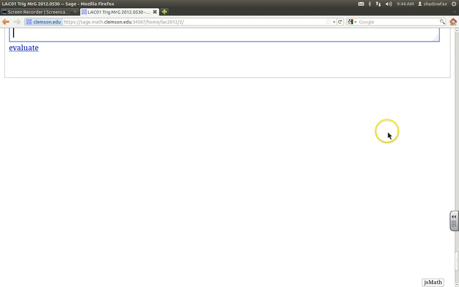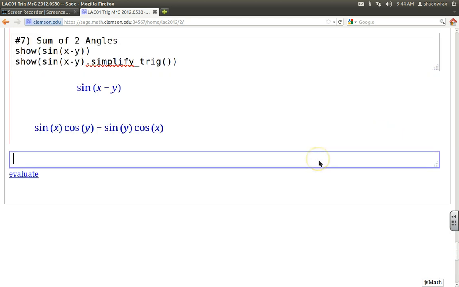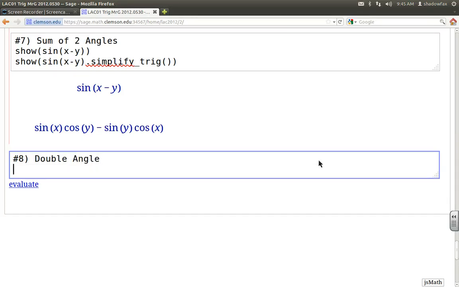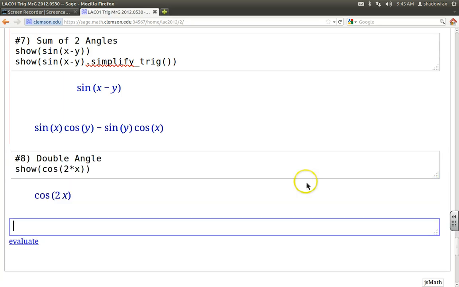All right, let's write that down. Let's see. What is the sum, the double angle formula? All right, so let's put in a comment. And let's call it 8. And here's a double angle formula, or identity. So, for example, all right, let's see. How about this? Can I show what the cosine of 2 times x is? Well, sure, but it didn't do anything for me, did it? All right.